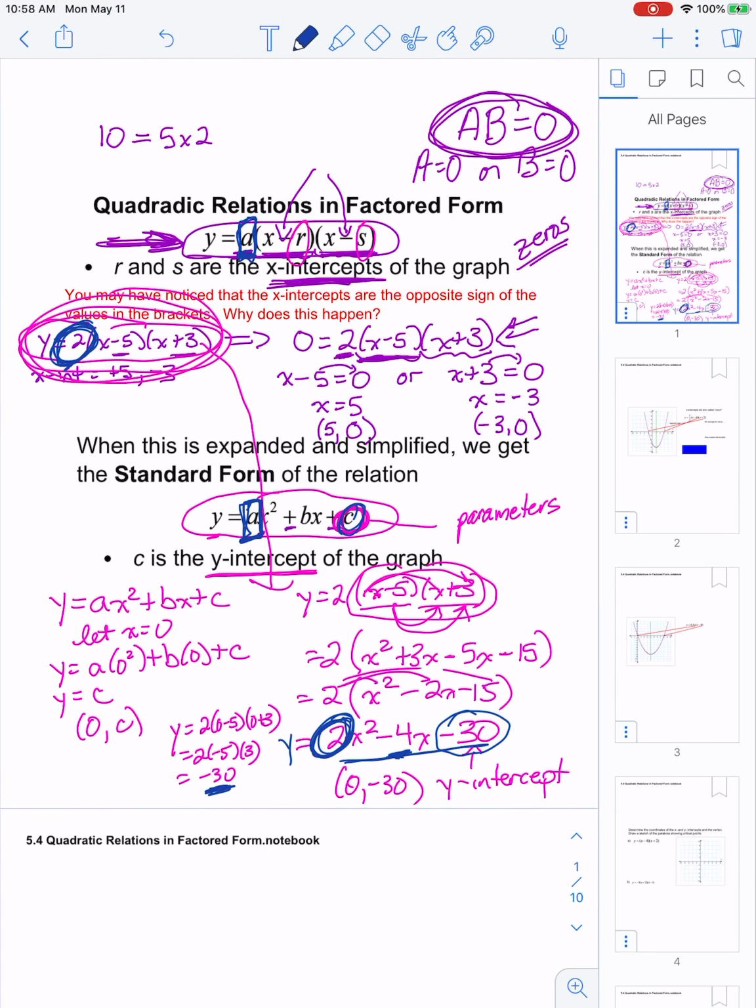Okay? I think that's a lot of information. I'm going to stop there, but this is what you should have learned through that matching activity. Maybe not the names of everything, but we've talked about expanding. What you should have noticed was that the x-intercepts of the graph of the parabola relate to factored form, to this form here.